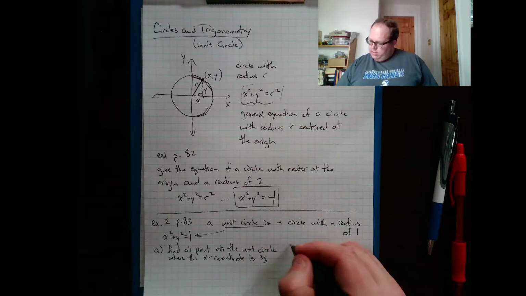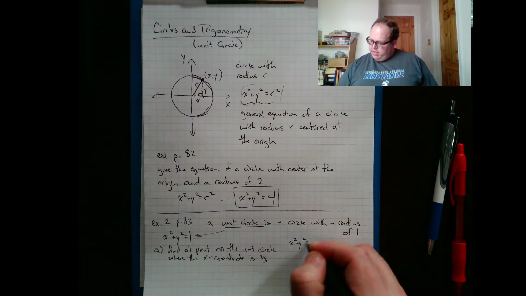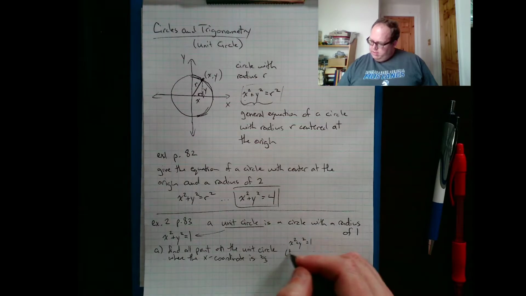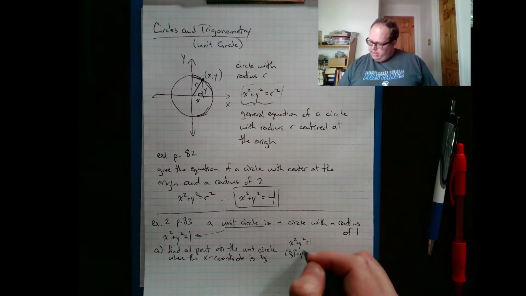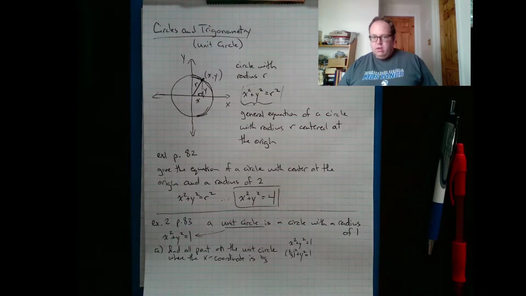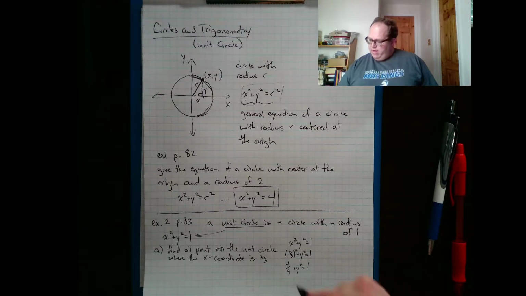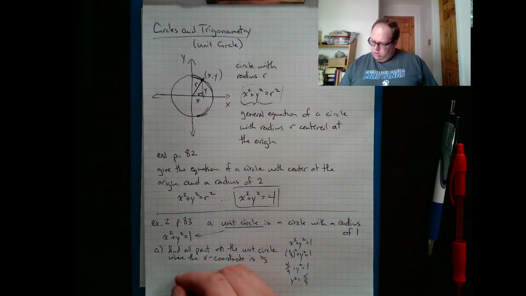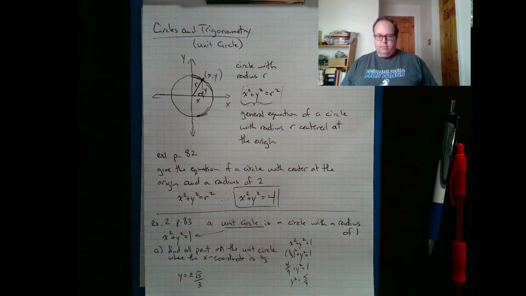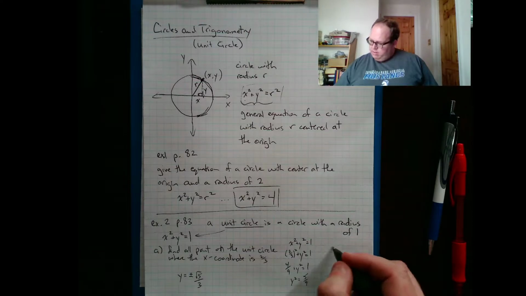Well, I know that x squared plus y squared has to equal 1, which means 2/3 squared plus y squared has to equal 1. 2/3 squared is 4/9. I subtract 4/9 from each side, and I get y squared equals 5/9, or y equals plus or minus root 5 over 3.